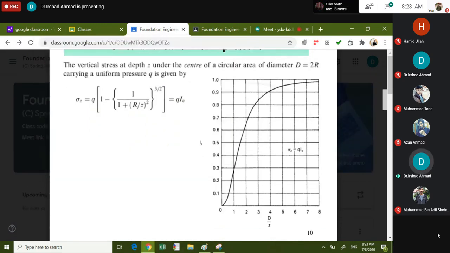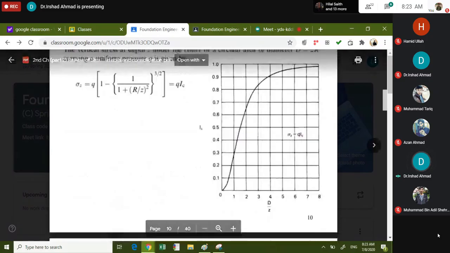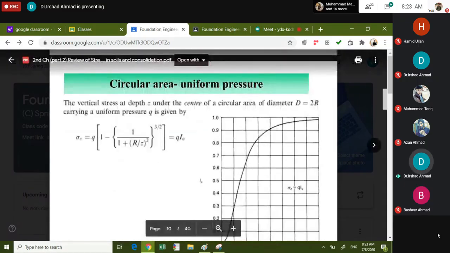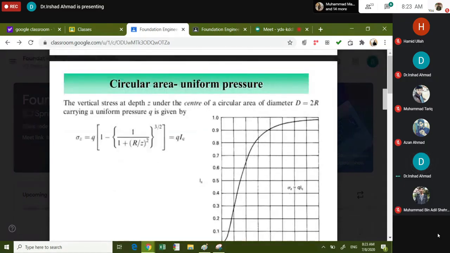For IC you can use this graph, or you can use this equation. D by Z, D is the diameter of the footing, and Z is the depth. So you find D by Z and you find IC from the graph, put it here. Remember that this equation gives you stresses under the center of footing.